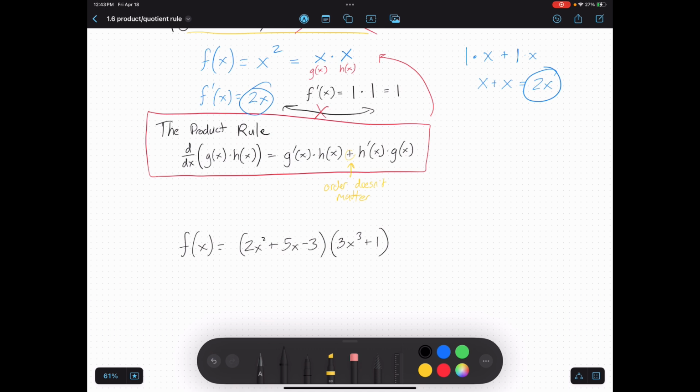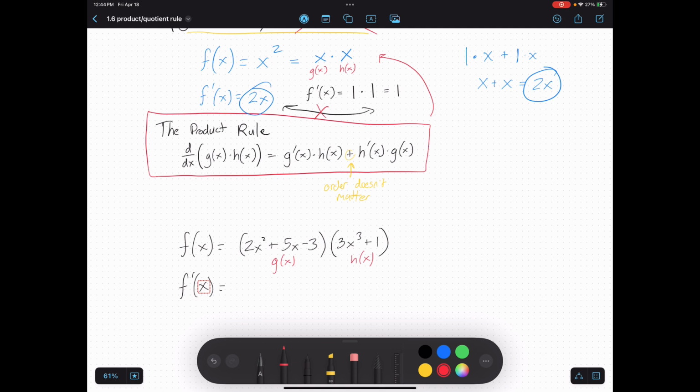So here I have a function of two polynomials, and let's say I wanted to find the derivative. Well, we now have a derivative rule when I have a product of two functions, right? I consider this my g function and this my h function, and then I can use the product rule.